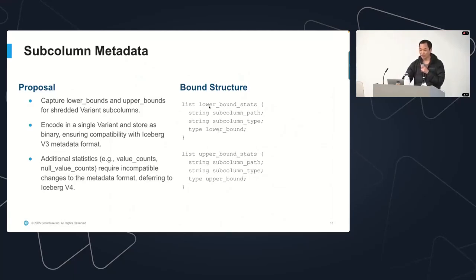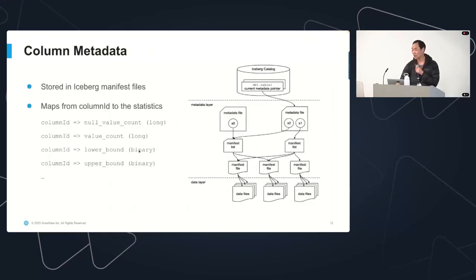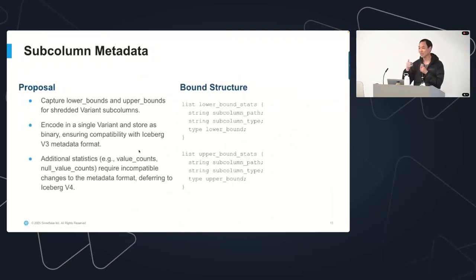Then for each variant, all the subcolumn metadata is encoded into a single variant and converted into binary. With that, since it's binary, we will not introduce a compatibility issue in V3.